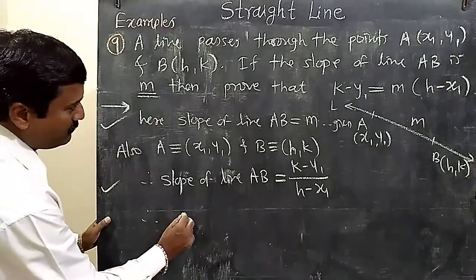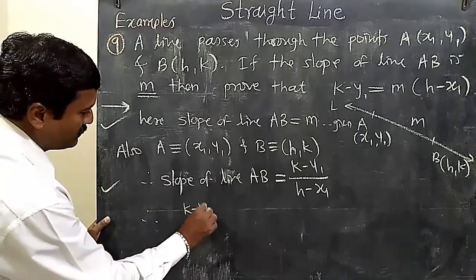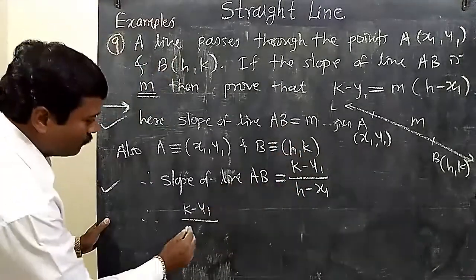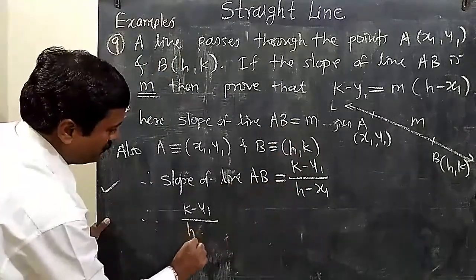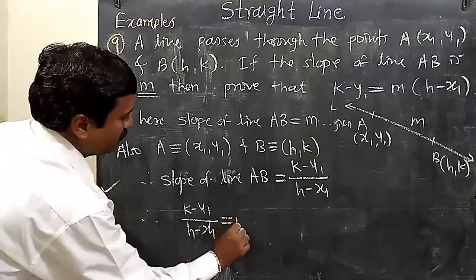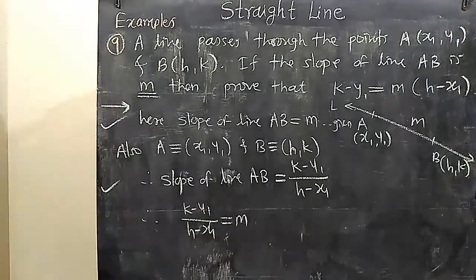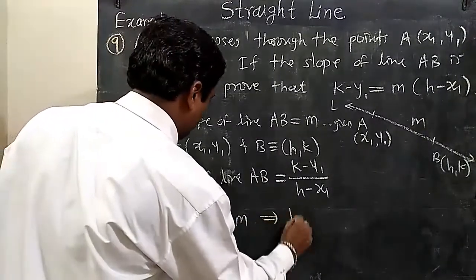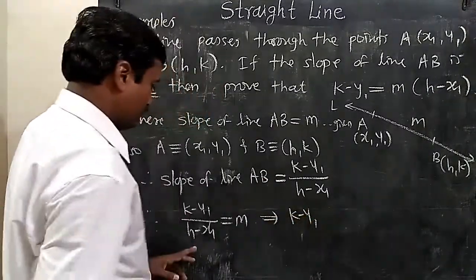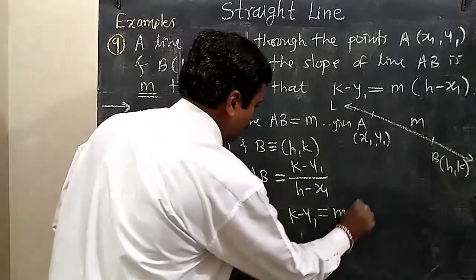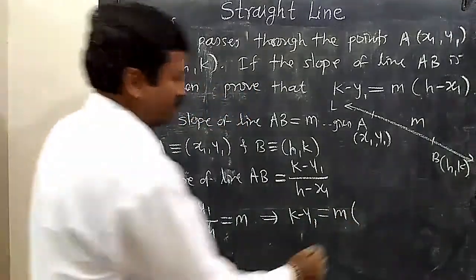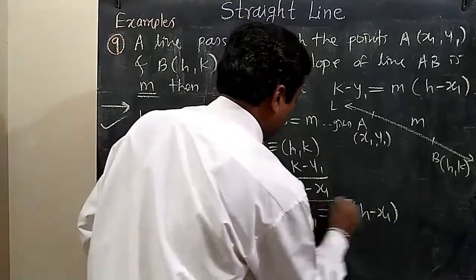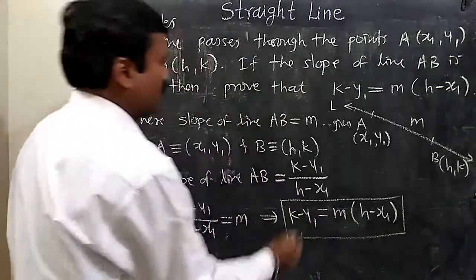Therefore from equation 1 and 2, (k minus y1) upon (h minus x1) is equal to m. Just take this denominator to the right, it gives us k minus y1 equal to m times (h minus x1), and that is the required equation.